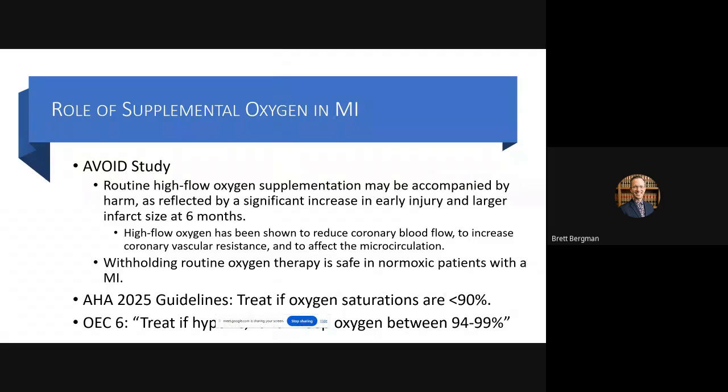There was a study done called the AVOID study, and they separated patients into two groups, and regardless of oxygen level, they gave one group high flow oxygen. What they actually found is that it may actually be harmful because you are reducing some of that coronary blood flow, you get more resistance, and it can affect the microcirculation.